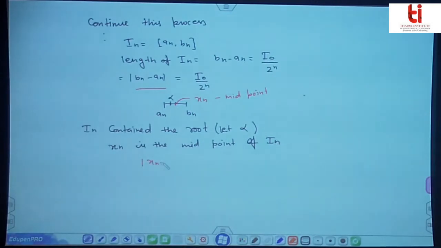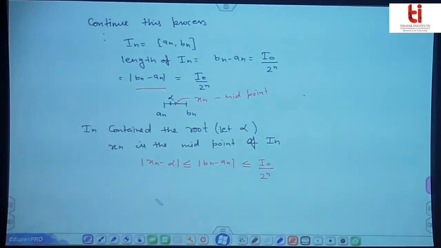So if we write here, xn minus alpha is what? That is less than or equal to the length of the interval In. We can write it Bn minus An, which is I naught upon 2 raised to power n.